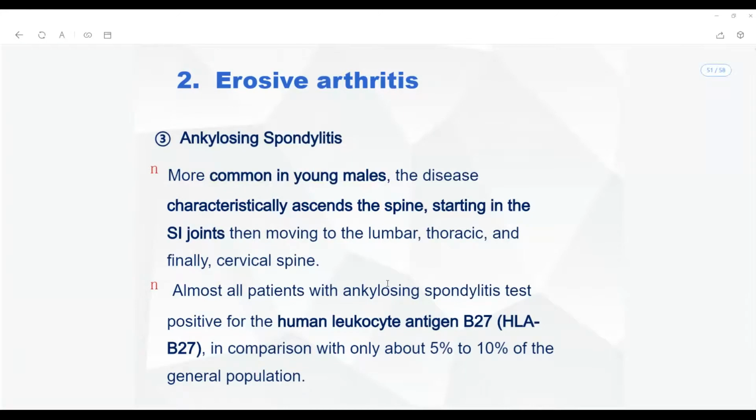It is more common in young males and characteristically ascends the spine, starting in the SI joints.